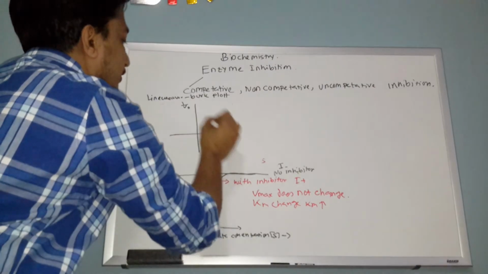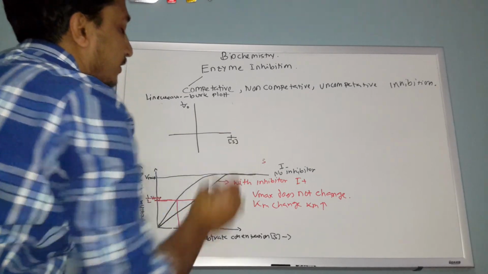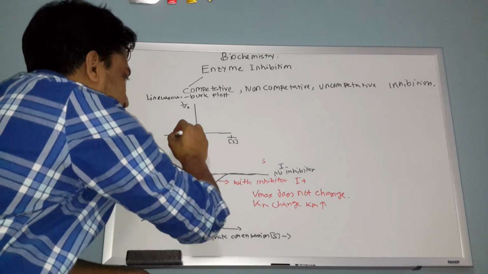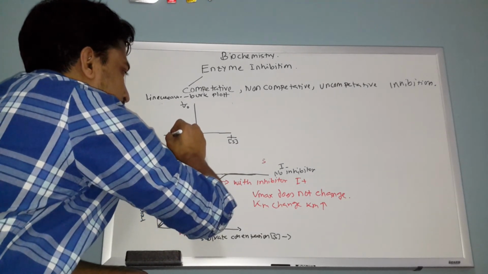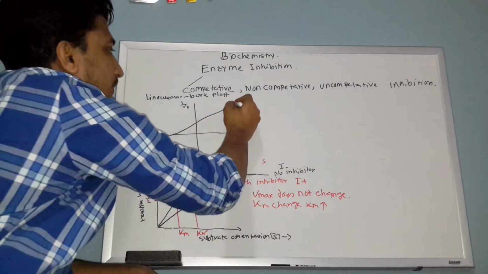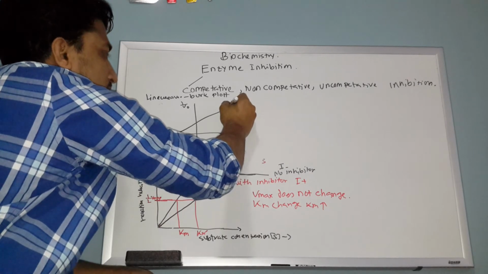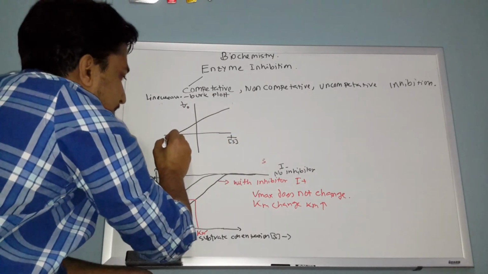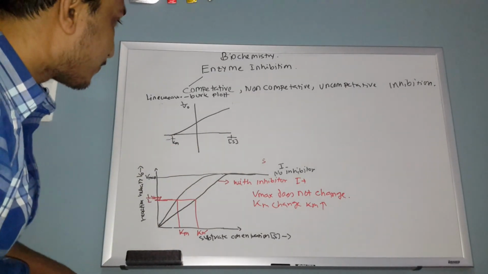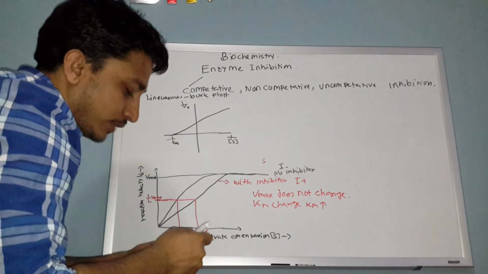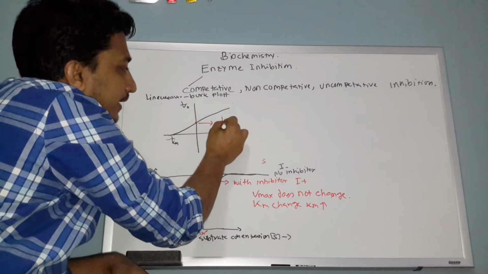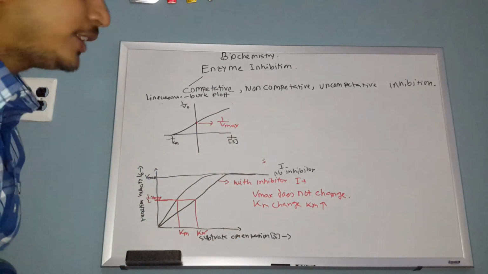This is 1 over V naught, and this is 1 over substrate, and look what happened. This is minus 1 by Km, and this part is called 1 over Vmax.